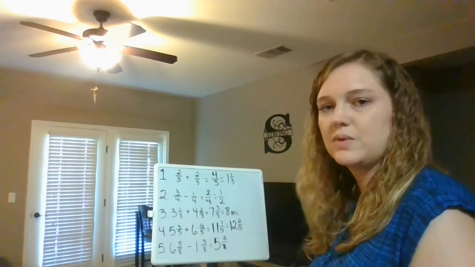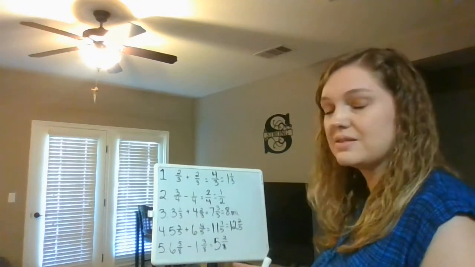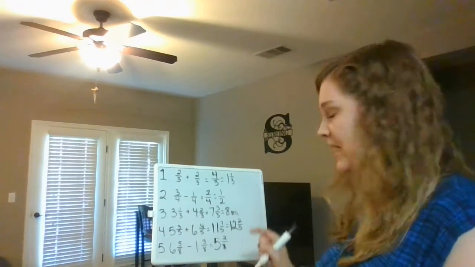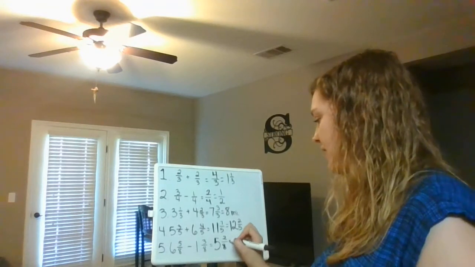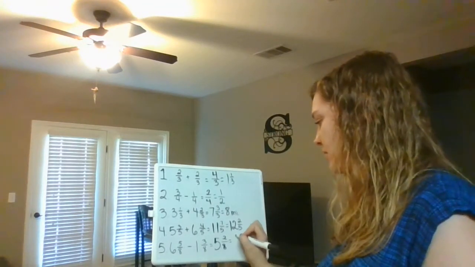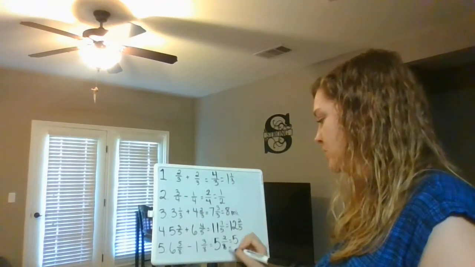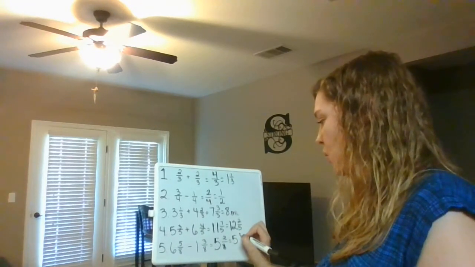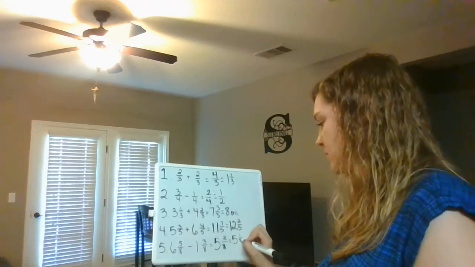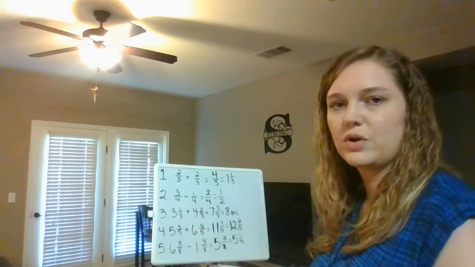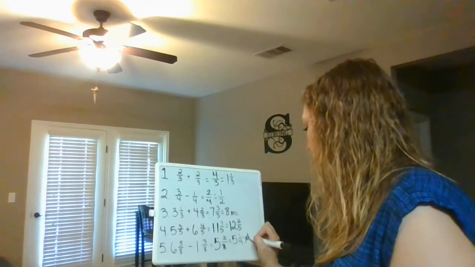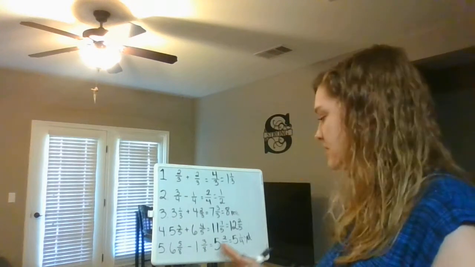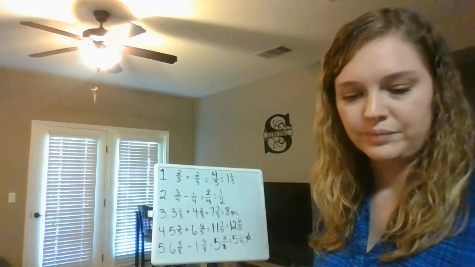So we have 5 2/8. But 2/8 can be reduced. 2 and 8 are both divisible by 2. So I keep my 5, and then I reduce 2/8. 2 divided by 2 is 1. 8 divided by 2 is 4. So we have 5 1/4, and that's yards. And that is the simplest way we can write that.